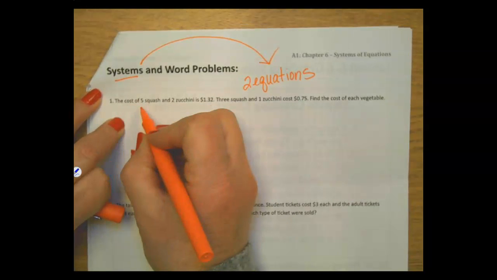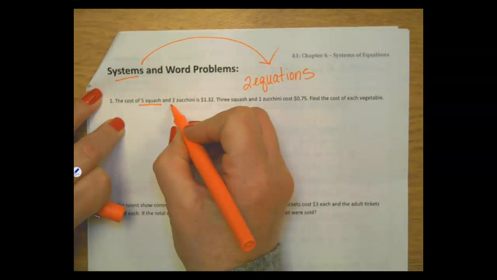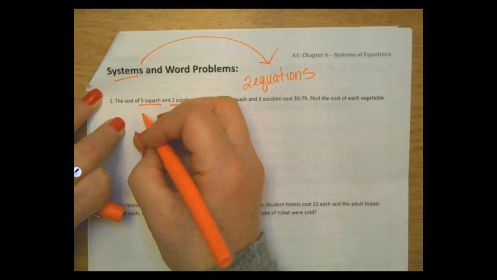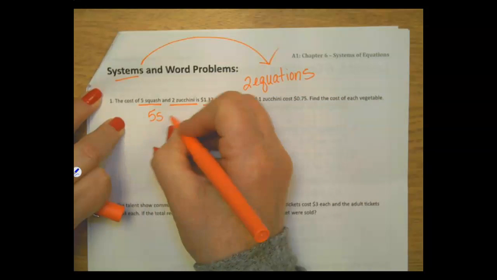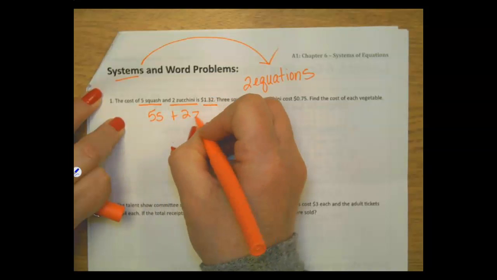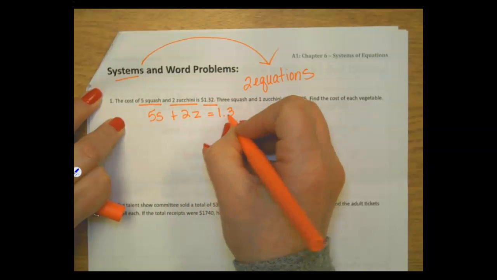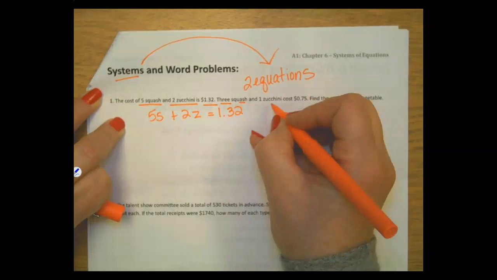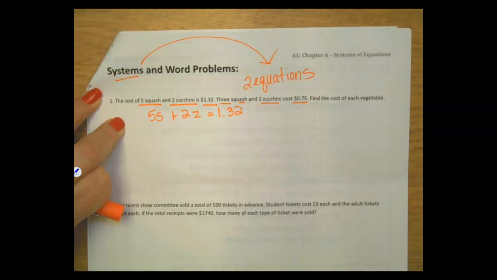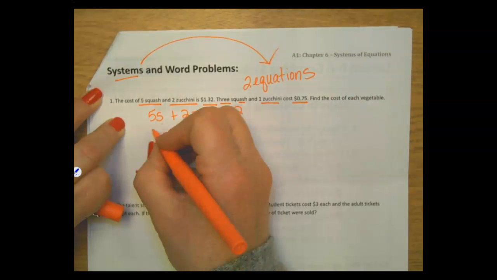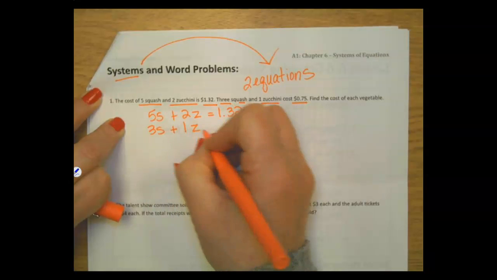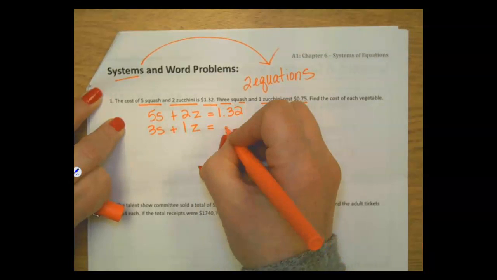So the cost of 5 squash, 2 zucchinis equals this. So 5 squash plus 2 zucchinis equals that. 3 squash, 1 zucchini cost this. 3 squash plus 1 zucchini equals 0.75.